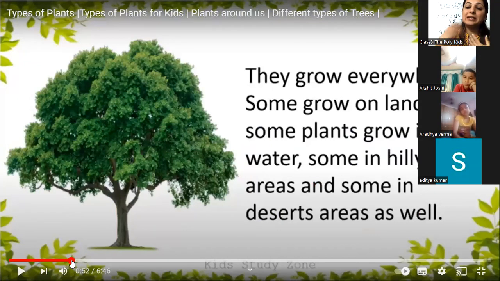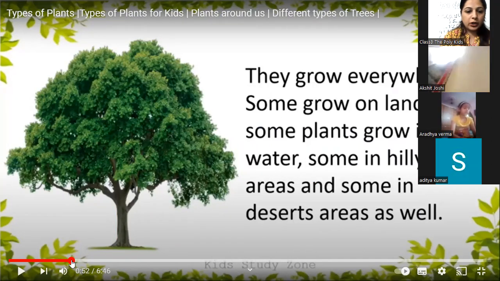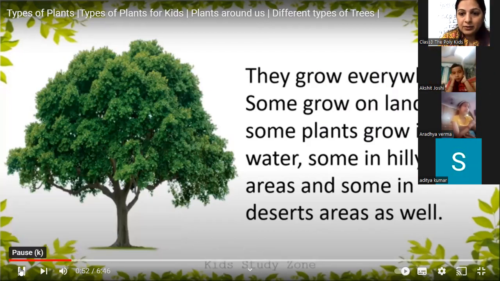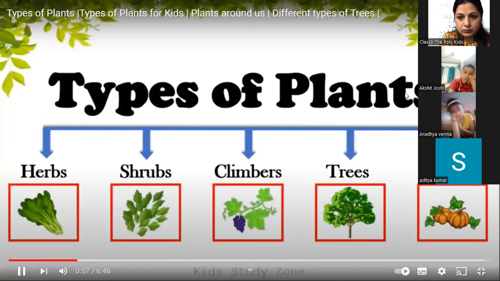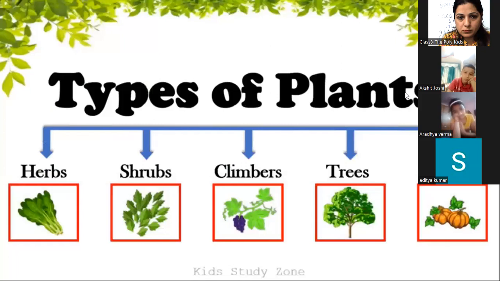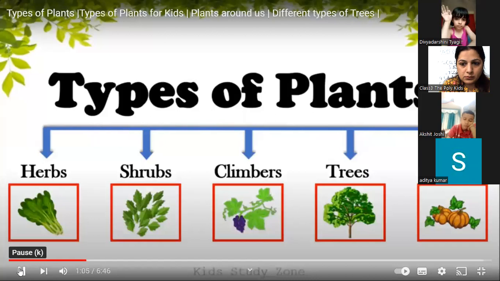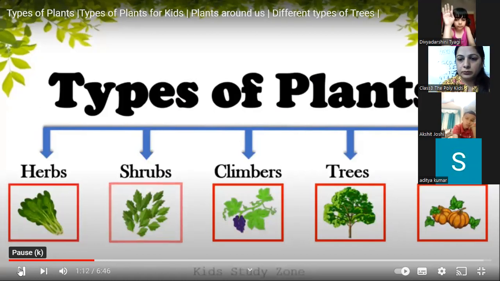In hilly regions and desert regions, we can see different kinds of plants. Let us see the different types of plants. There are basically 5 types of plants, namely herbs, shrubs, climbers, trees, and creepers.